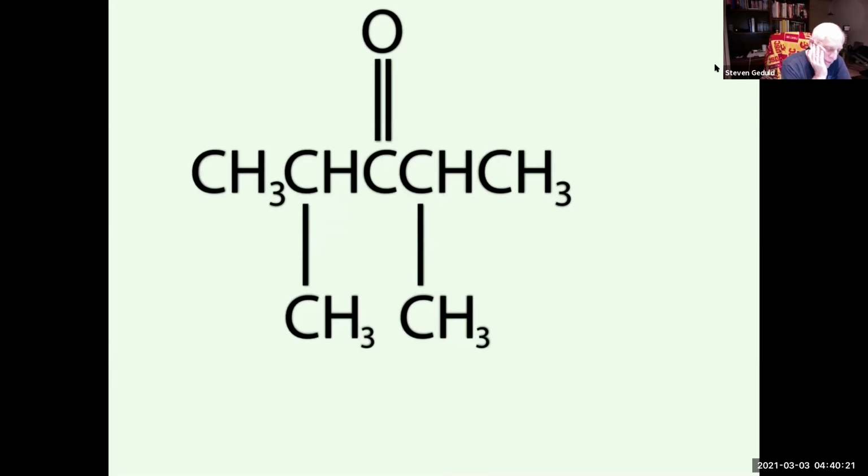Let's pick this one. How many carbons do we have total? We have 5 carbons. 5 carbons is pentane. Okay, we have a carbonyl group, so we know it's a ketone.